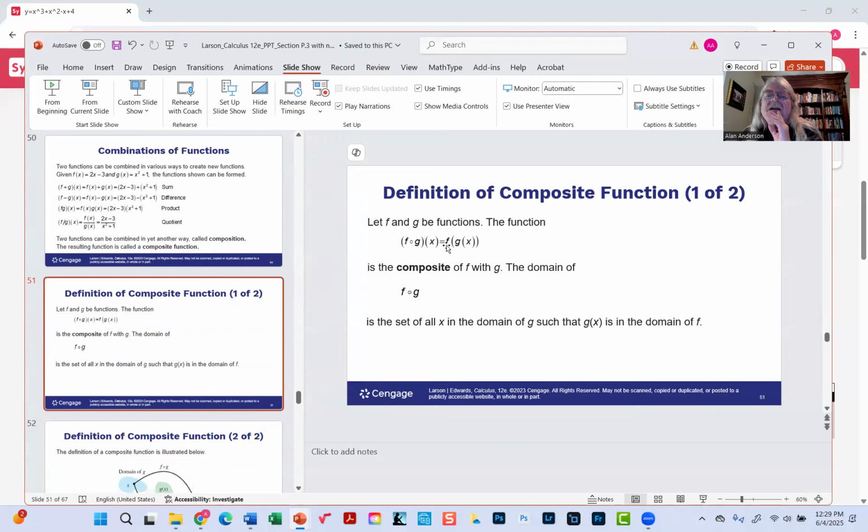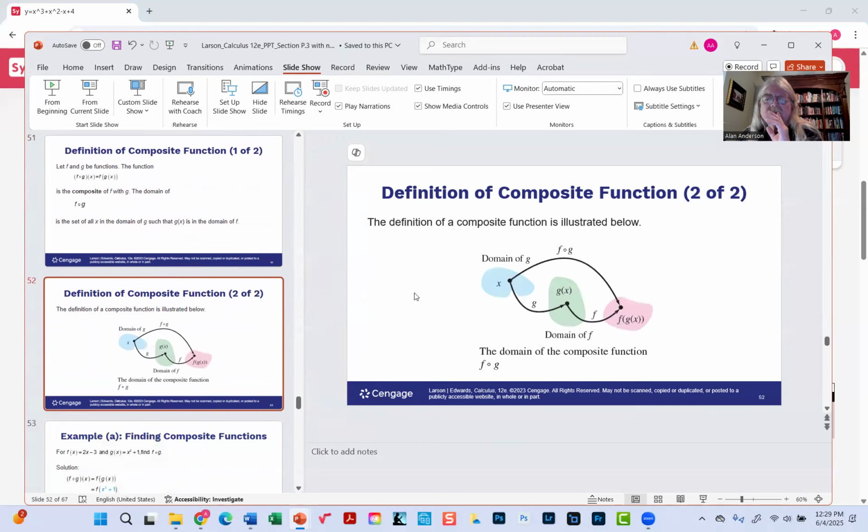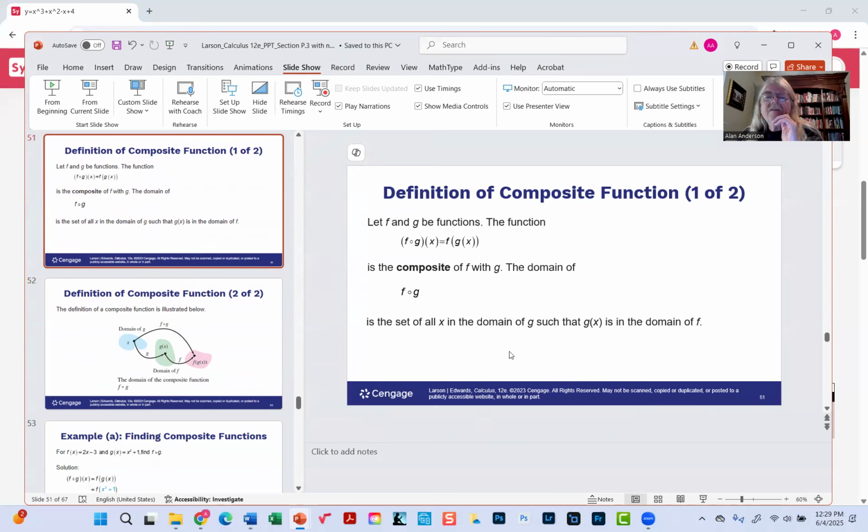We often see it written as f of g of x, or sometimes you write it like this. Basically, it's a two-step process. G of x is the so-called inner function, and f is the outer function.